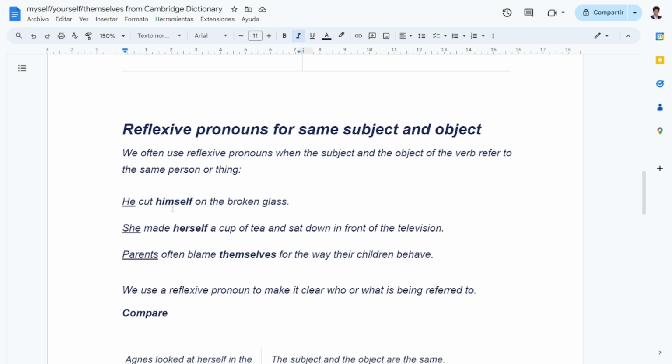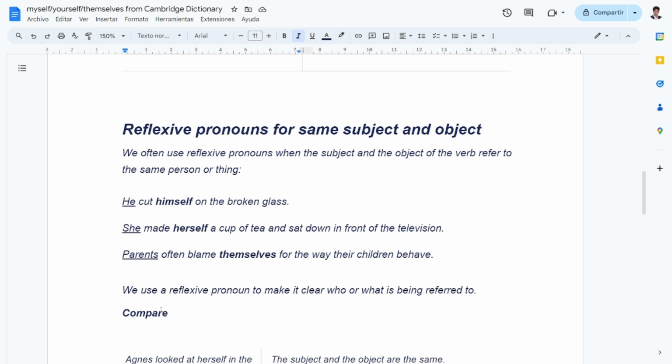Another example: she made herself a cup of tea and sat down in front of the television. The subject and the object are the same person. Parents often blame themselves for the way children behave, right? In this case, parents is the subject and themselves is the object.